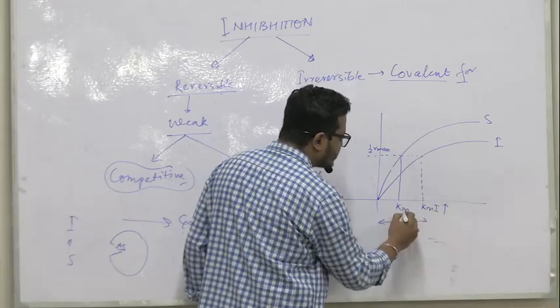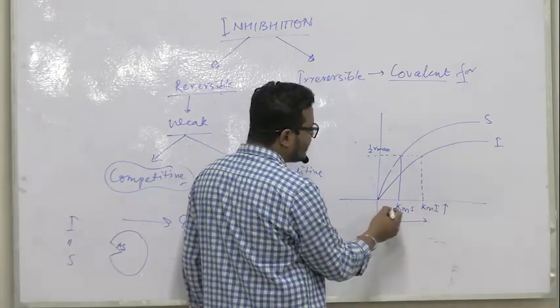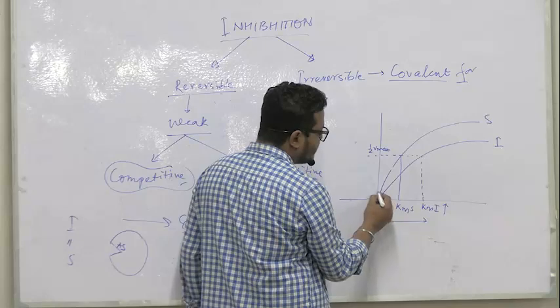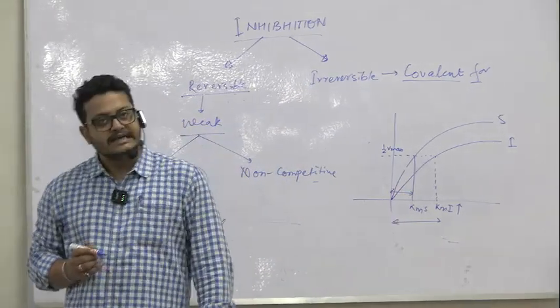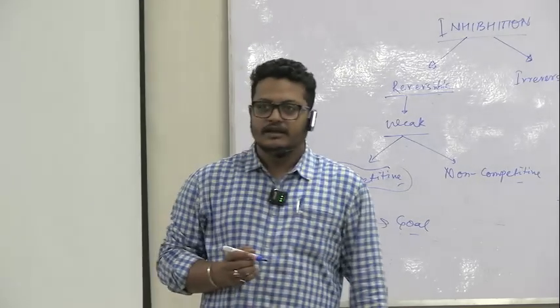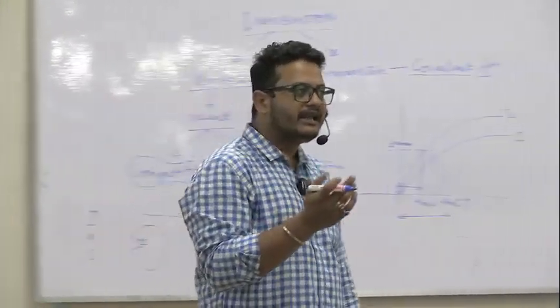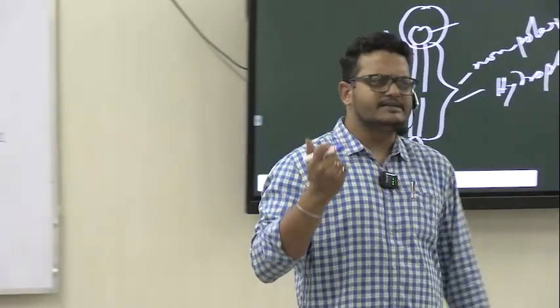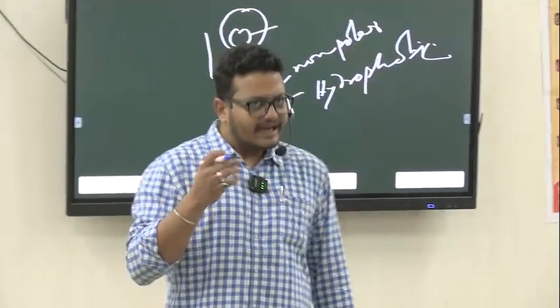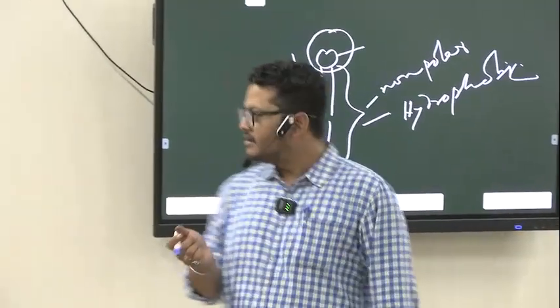Km in presence of inhibitor increases, whereas the Km in the absence of inhibitor remains this much. Is that clear? You should be very able to justify. Whenever any query comes, ask yourself these questions: why is Km now increasing? Try to justify yourself.